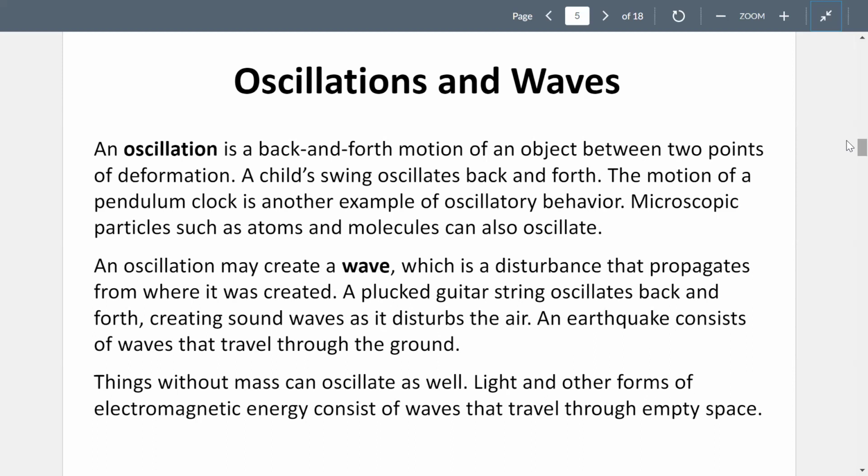So the reason we are interested in that type of motion is because when something oscillates, it can create a wave. And a wave is nothing more than a disturbance that moves from wherever it was created or whatever was disturbed. Okay.